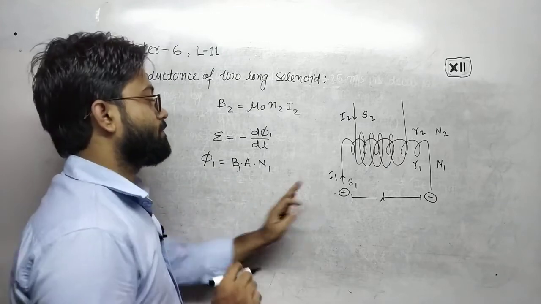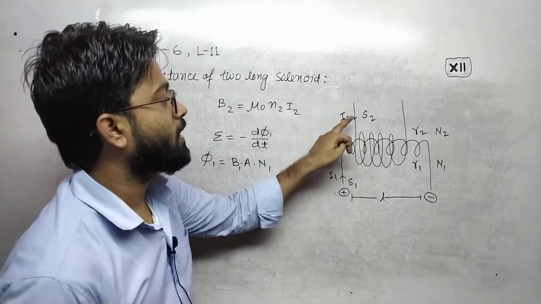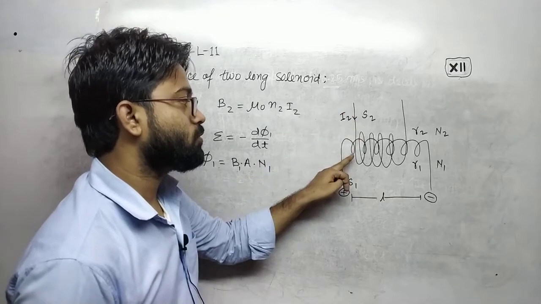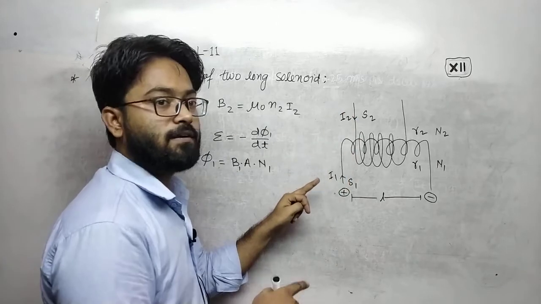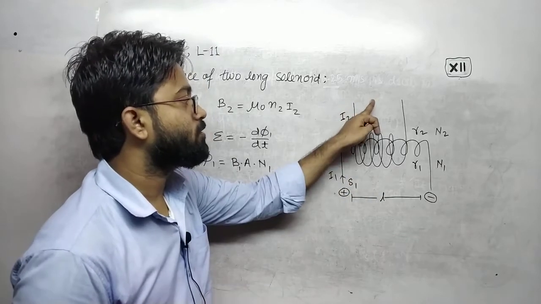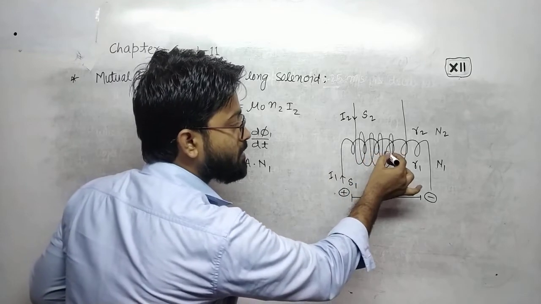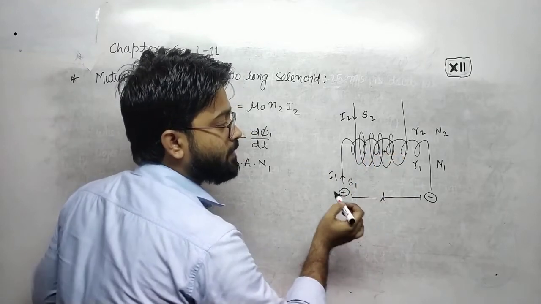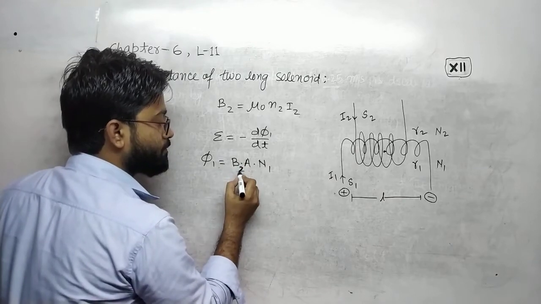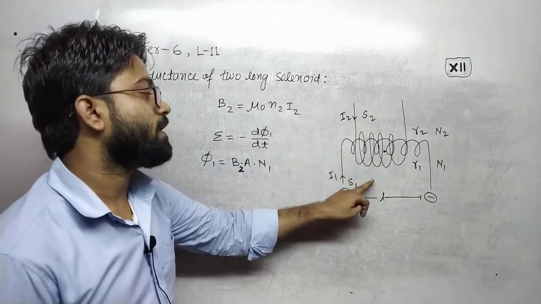There is no B1 here because current is flowing in the S2 coil, so the magnetic field produced by S2 is used by this coil. Here we will use B2, because the magnetic field of this coil is used by the other coil.